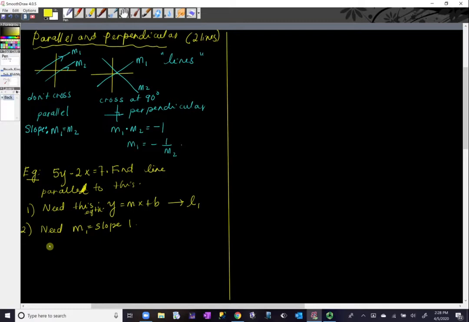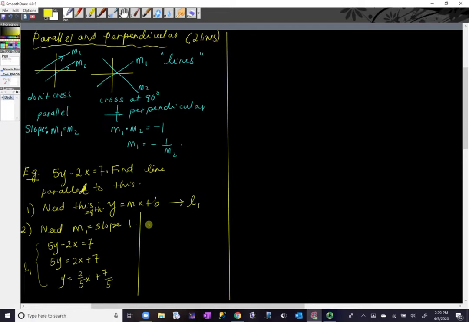So first, 5y minus 2x equals 7 can be written as 5y equals 2x plus 7, and you divide by 5 on both sides at each term. So this will be y equals 2 over 5 x plus 7 over 5. Remember, this is the equation of line 1, it's not line 2, so b is not the same.